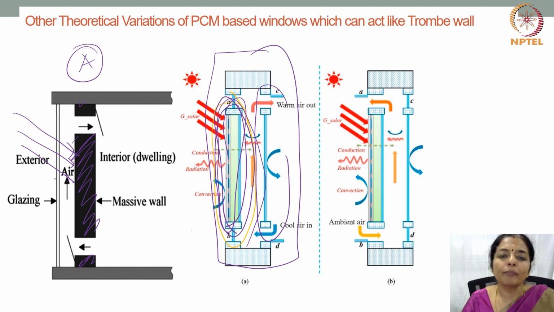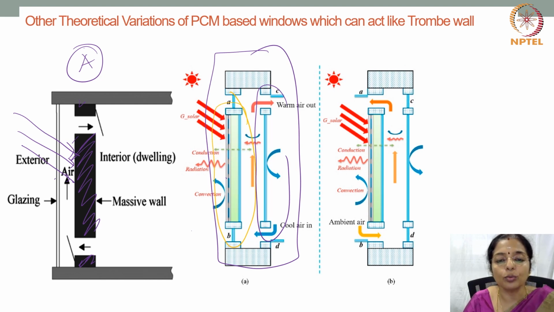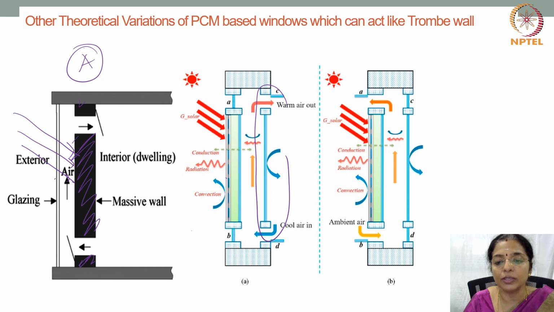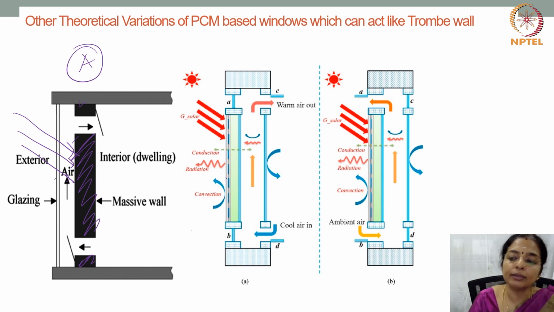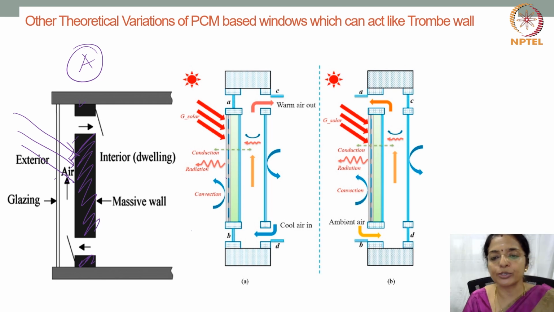So my role here is primarily to tell you that you need to be as creative as possible in order to integrate all these technologies, not just see these technologies in isolation, so that the outcome brings out a more energy efficient building. Suppose you have a PCM encapsulated window with a trombe wall. How will it function?